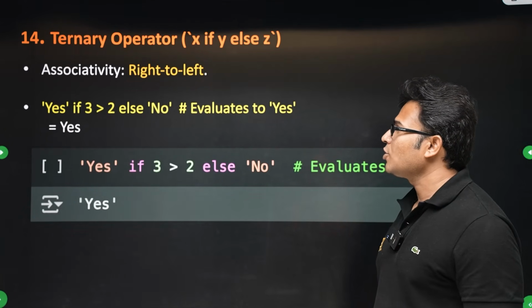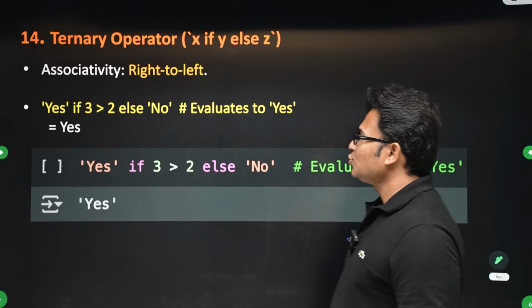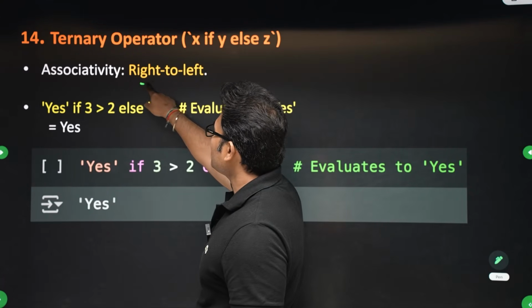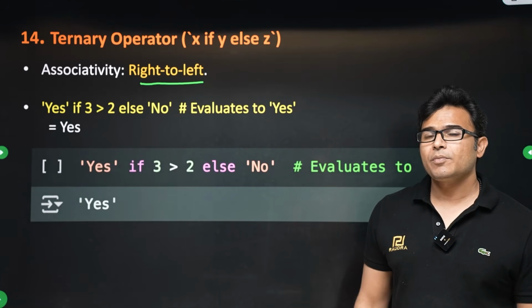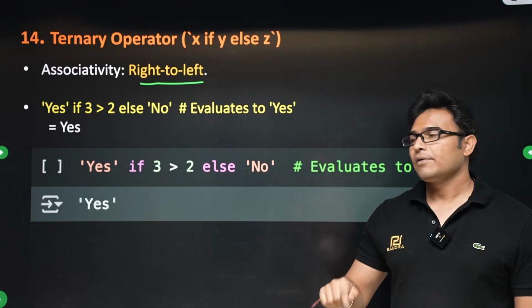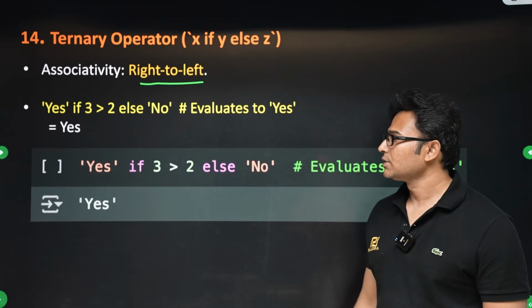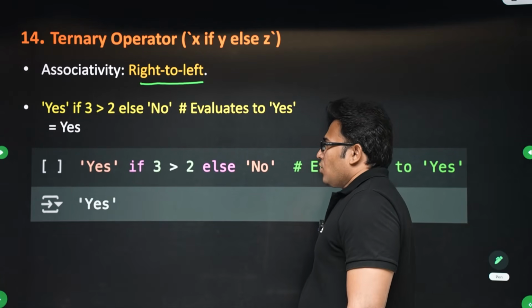Now coming to ternary operators, the associativity of ternary operators is from right to left. Now let us see this.